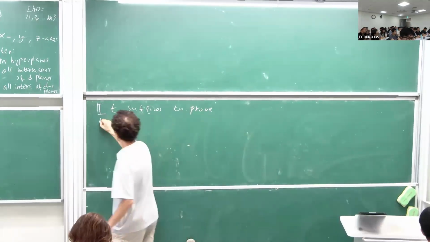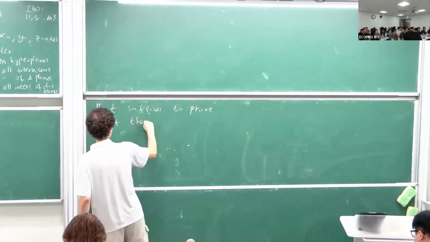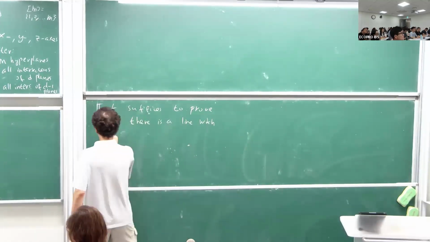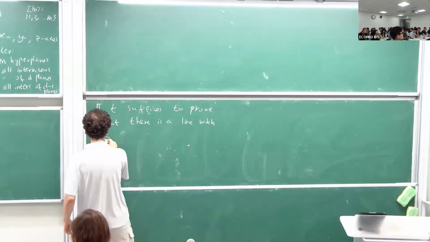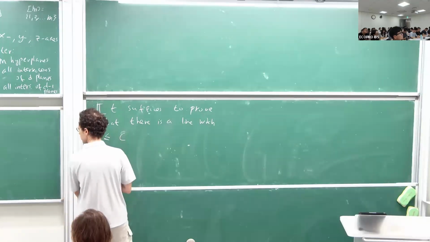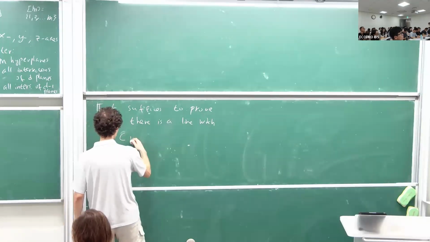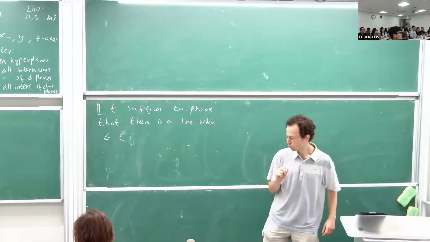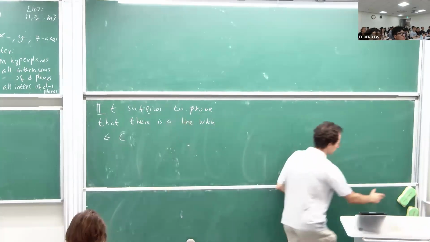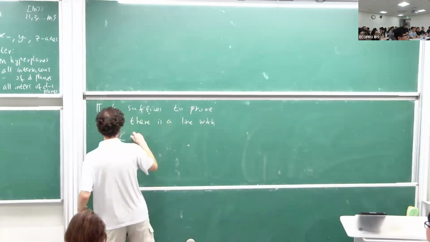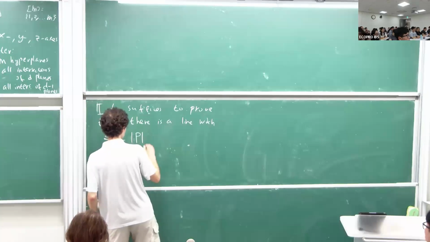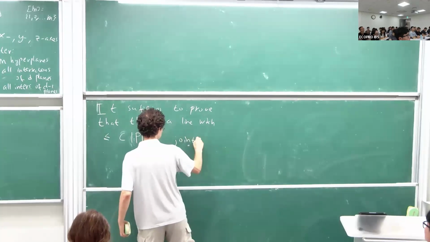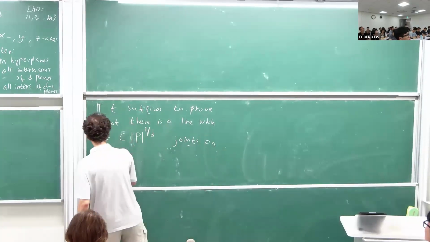That is, to prove it, it suffices to show there is a line with few joints, some constant times the number of points to the power 1 over D on that line.